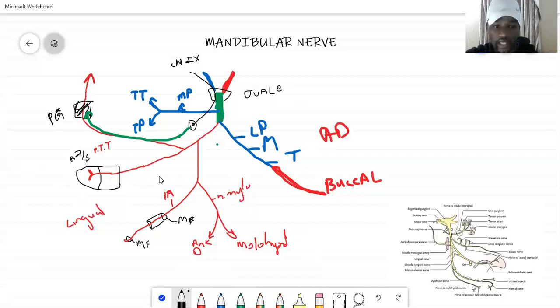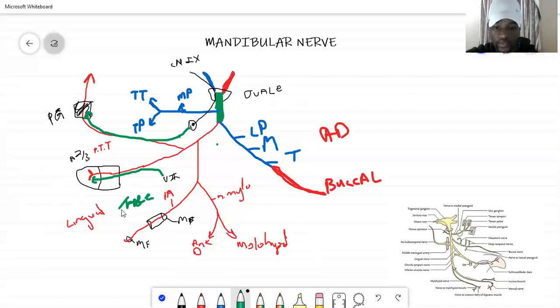Even here, from cranial nerve number 7, which is your facial nerve, you'll have a branch called the chorda tympani. The chorda tympani will join the lingual nerve going to the anterior two-thirds of the tongue as well. So what is the function of the chorda tympani? It is mainly for taste, guys. It is for taste, nothing else.